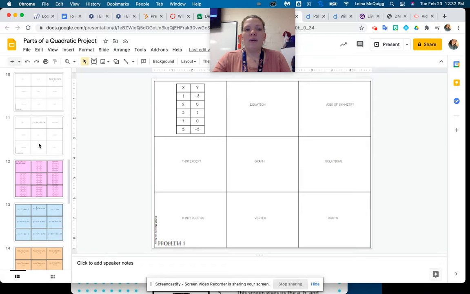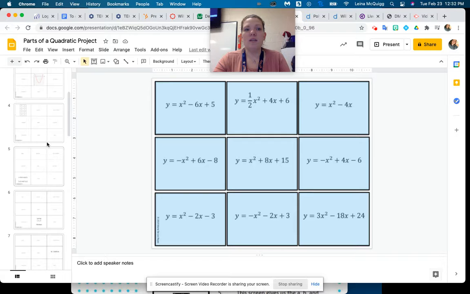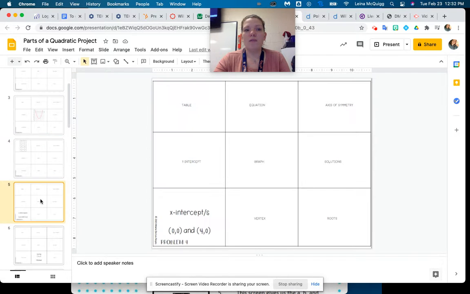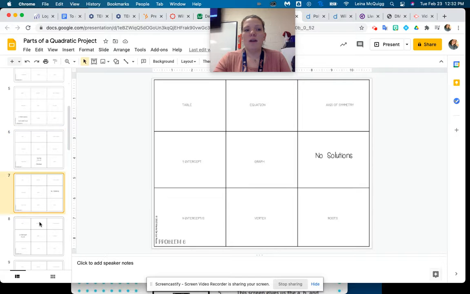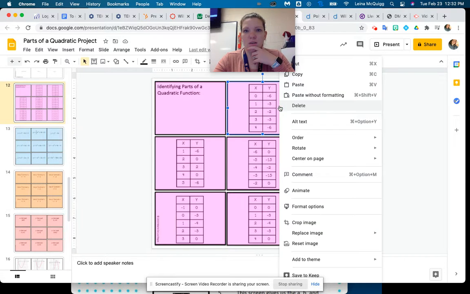So what's going to happen here is we have all of these pages. These white pages are the problems that you're working, okay? Then you have all these color pages down here, and these have blocks that you're gonna be able to click and move. So let's just do cut and paste.